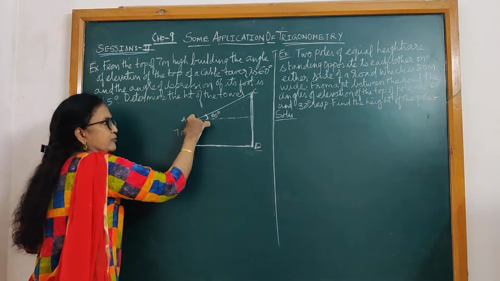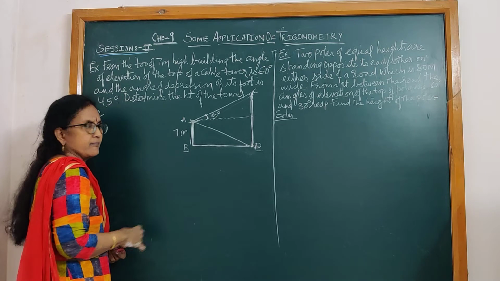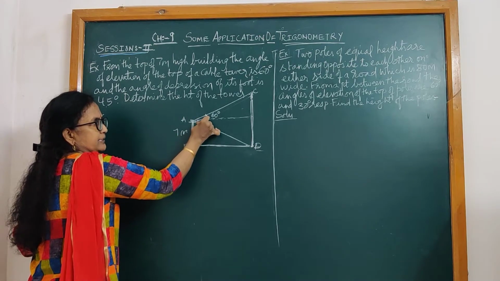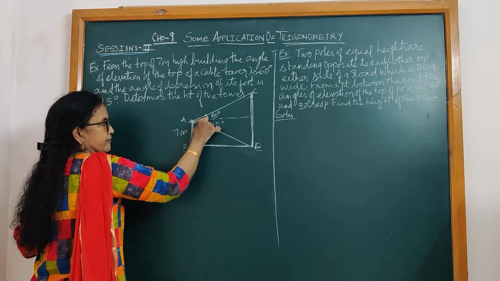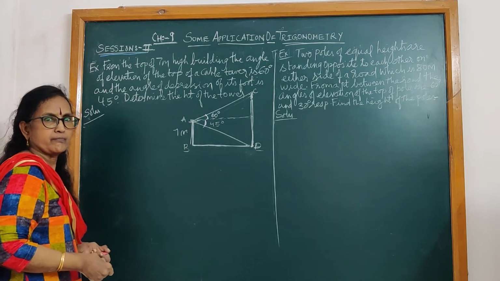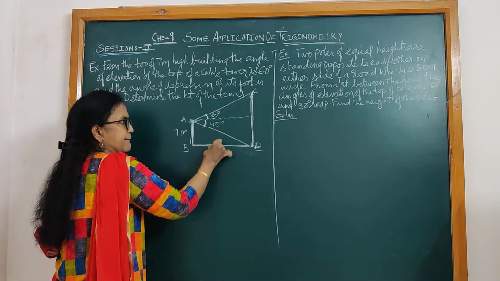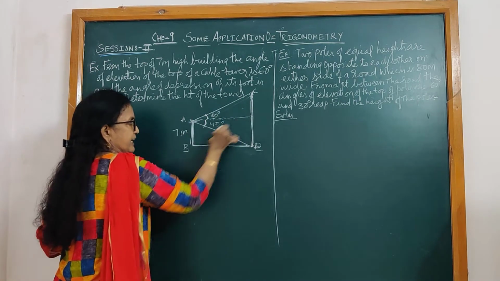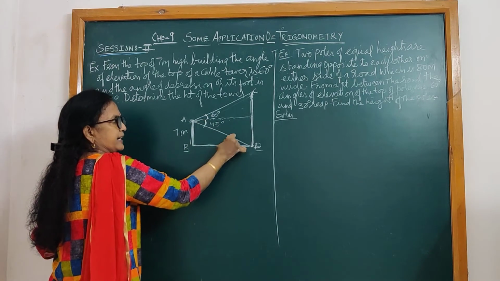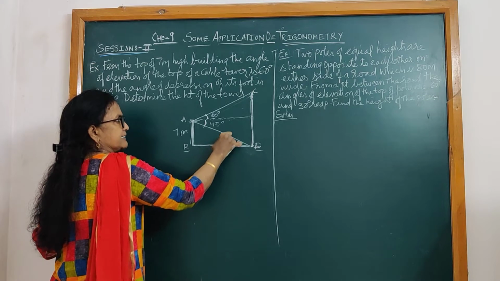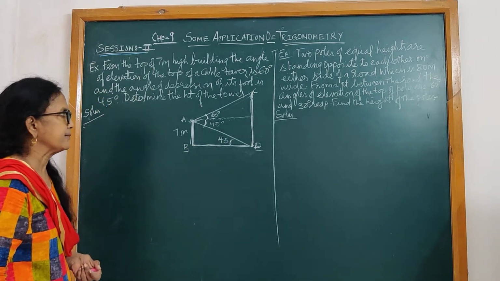From here you look at the bottom; this is the angle of depression, 45. Now you can show this angle here, because both lines are parallel. This is the line of sight and this is the ground. So both are parallel, this becomes alternate angles, and alternate angles are equal. So I am representing it here as 45 degrees.